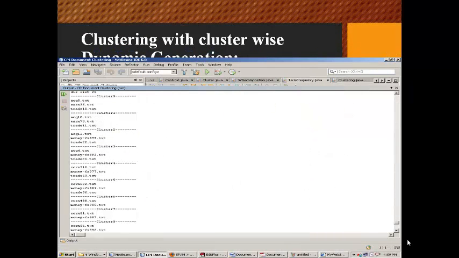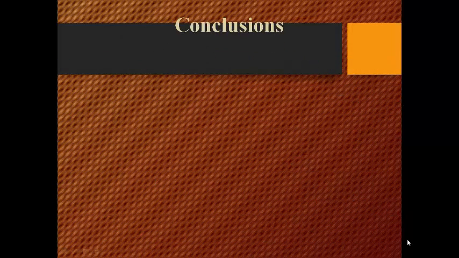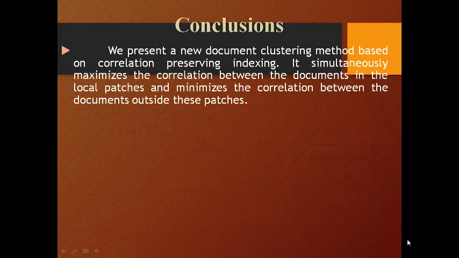The various clusters are given below, and we got our conclusions from this comparison. We present a new document clustering method based on correlation preserving indexing. It simultaneously maximizes the correlation between the documents in the local patches and minimizes the correlation between the documents outside these patches.